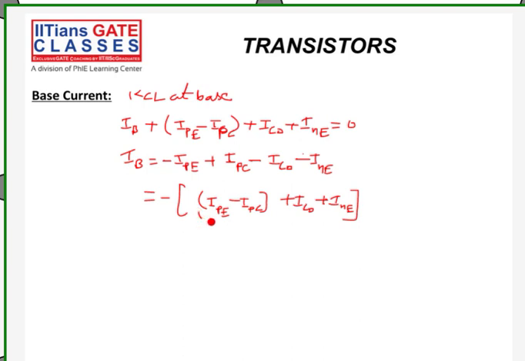So here we can see this factor. This is different and this is different. We can see ICO is the reverse saturation current and it will be in nanoampere for silicon and microampere in germanium, which is very less. Second thing, it is INE. Very few electrons are entering into the emitter region through the emitter junction.